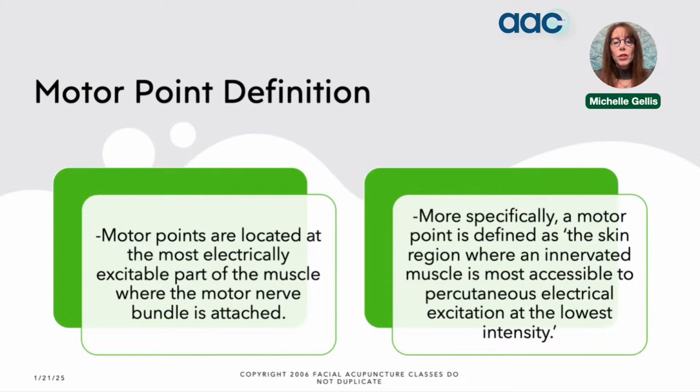They're the most electrically excitable part of the muscle where the motor nerve bundle is attached. And specifically, it's the skin region where the muscle is most accessible to electrical excitement at the lowest intensity. So you can actually measure them.